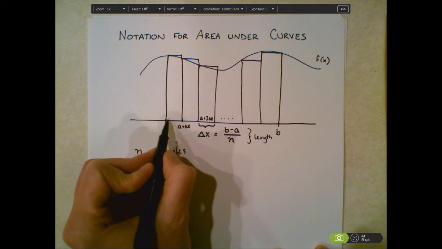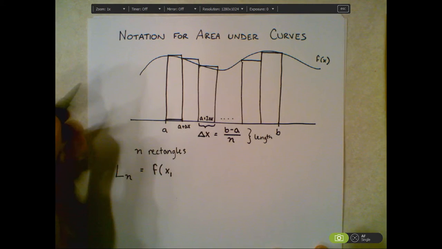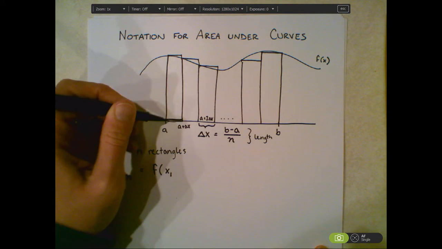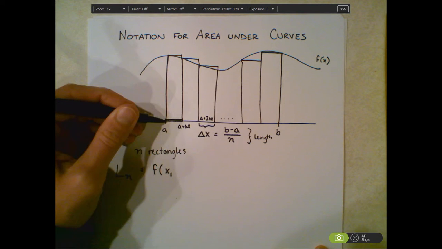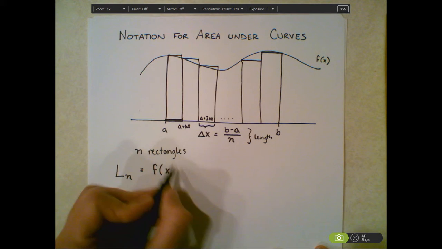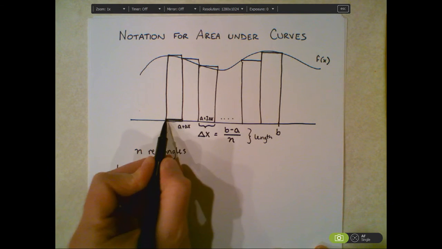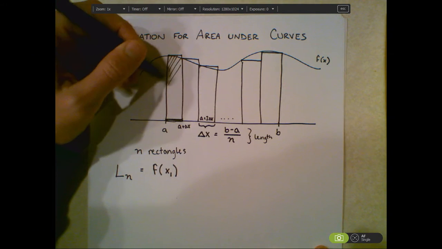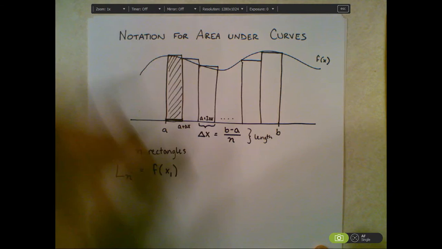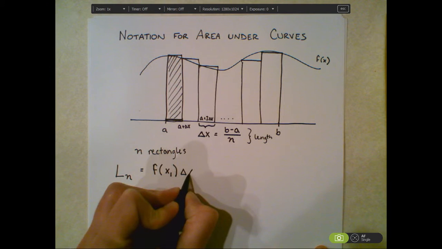Because I'm just going to say that this first rectangle, it's my first rectangle and I'm taking the x coordinate in the first rectangle, that's x1. And I want to know what is the height at x1. And so for the first one, x1 is actually equal to a. And then the width of this rectangle is given by delta x. And that gives me the area of my first rectangle.